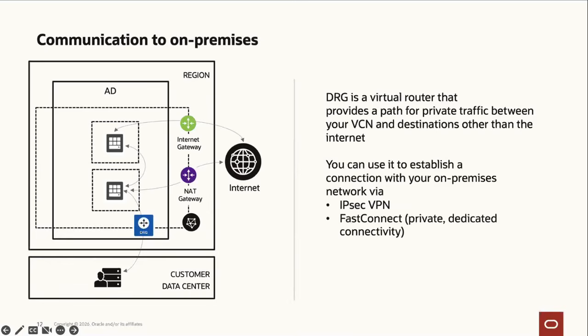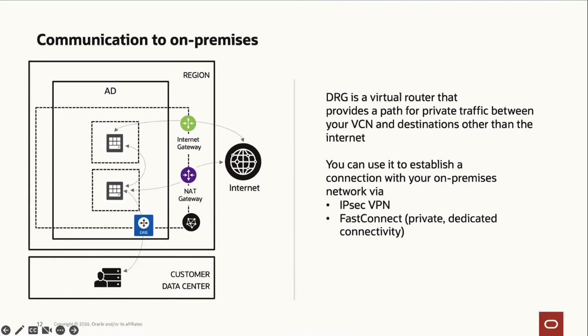Our next use case is communicating to your on-premises network. In order to do that, you'll need to use the Dynamic Routing Gateway, or DRG for short. The DRG provides a path for private traffic between your VCN and destinations other than the internet. The on-premises network destination is just one way to use your DRG.